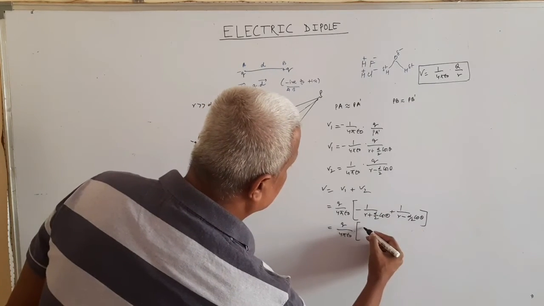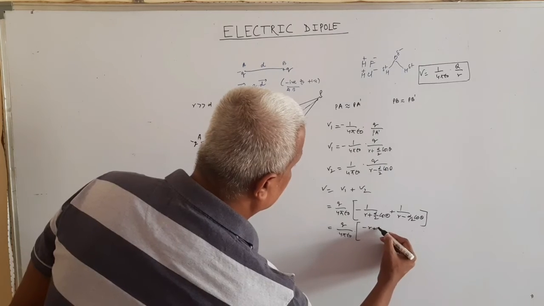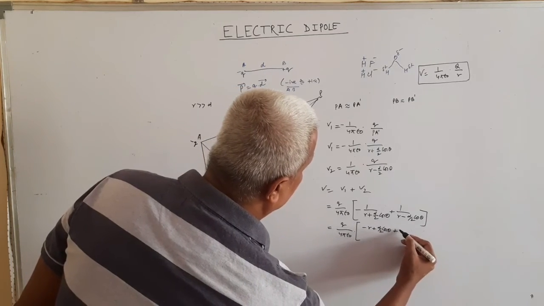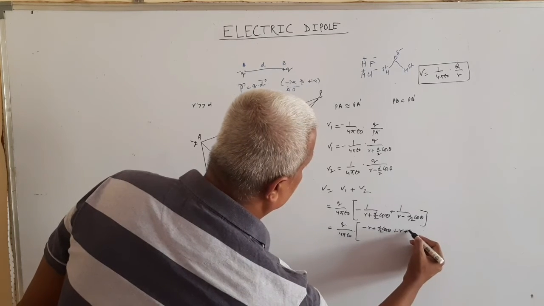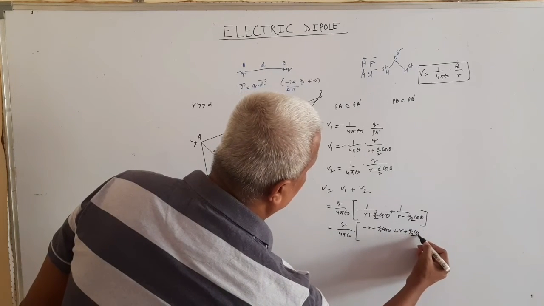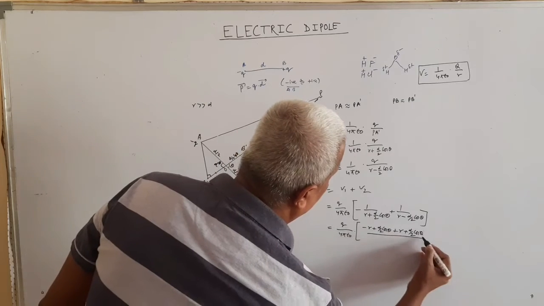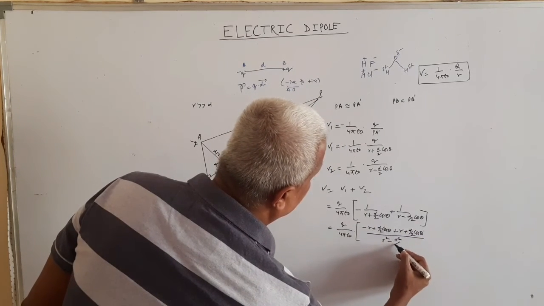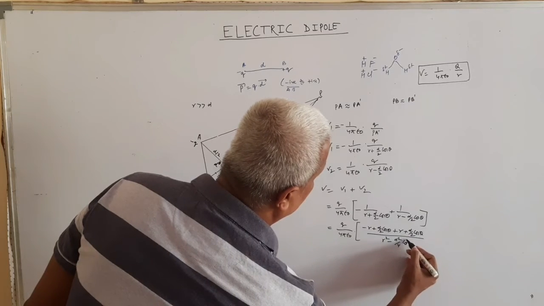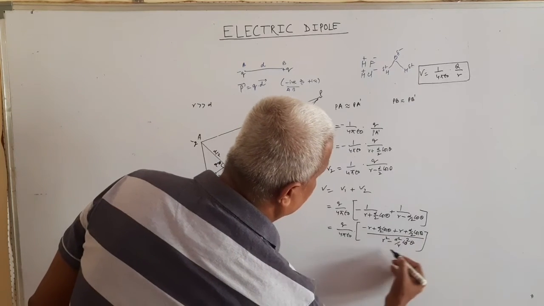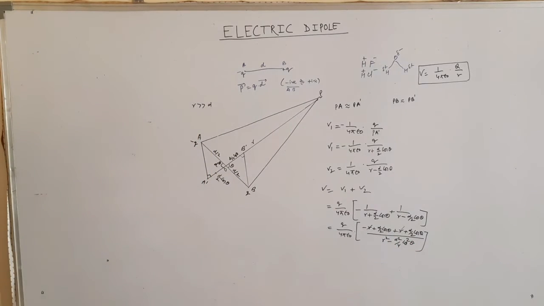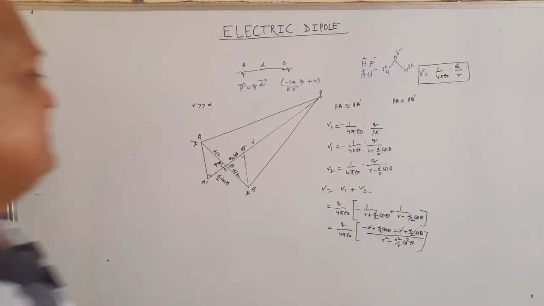Now this will come on this side, so minus R plus d by 2 cos theta plus R plus d by 2 cos theta upon the product of these two, that is R square minus d square by 4 cos square theta. Now R cancels. D by 2 cos theta plus d by 2 cos theta will become d cos theta.